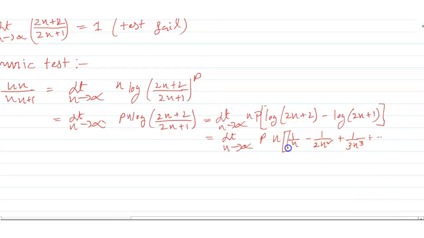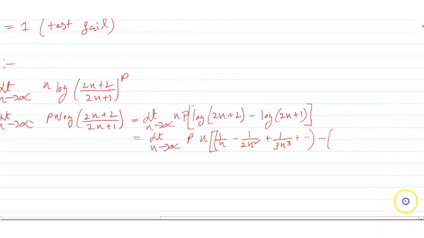This is the first portion, and the second portion is (1 by 2n minus 1 by 4n square plus 1 by 3 into 24n cube up to infinity).